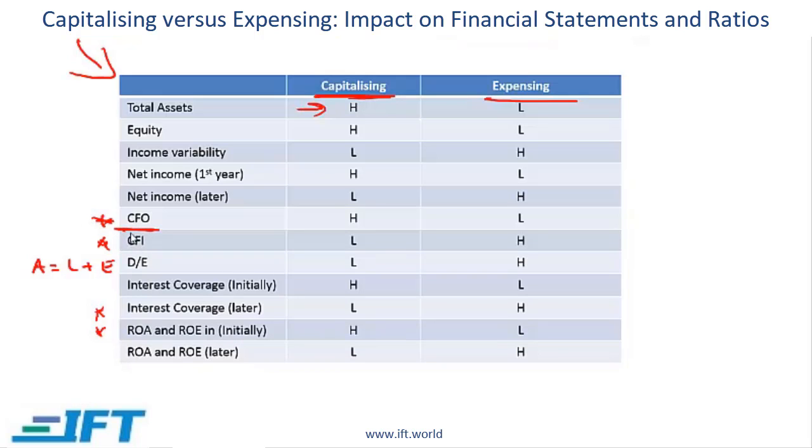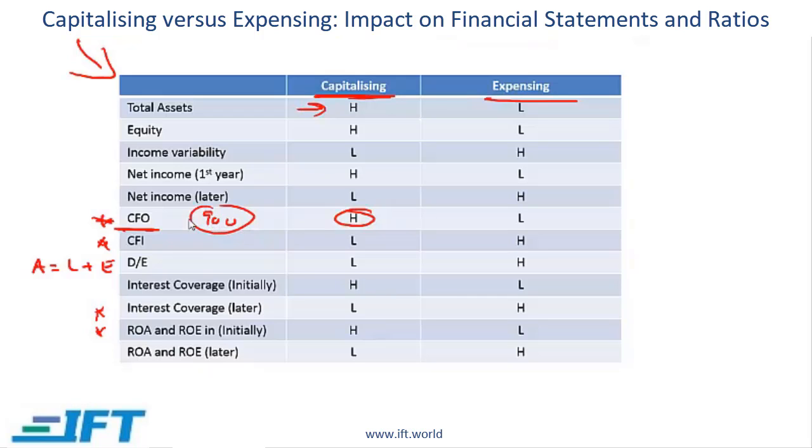So let's look at CFO. Why is CFO higher for the capitalizing firm? The reason is that if a firm is capitalizing, then the money spent, let's take the example that we just saw, the 900 spent, is going to go in the investing bucket and not in the operating bucket.